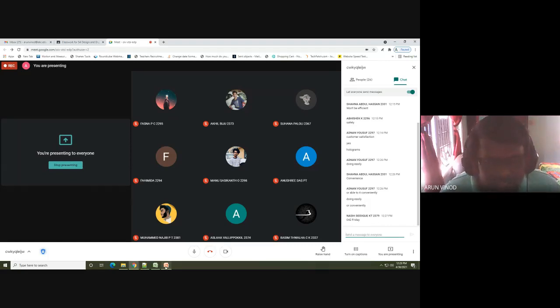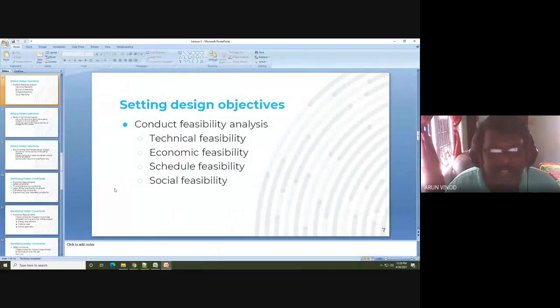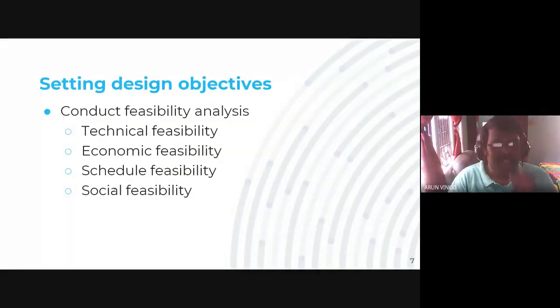Let us see one by one. Conduct feasibility analysis. First one is technical feasibility. You have the requirement and you are going to do the design. Before doing the design, you have to analyze whether, for this particular requirement, it is technically possible and whether technical resources are available.